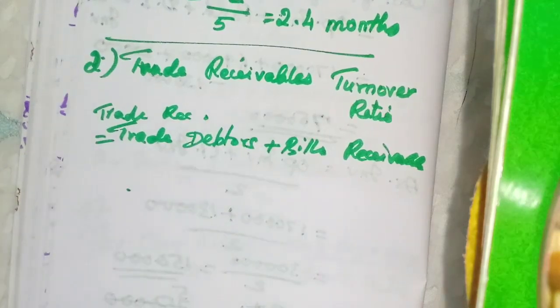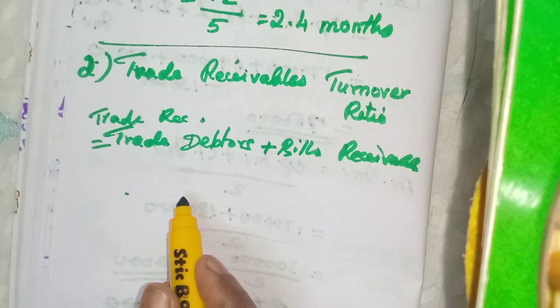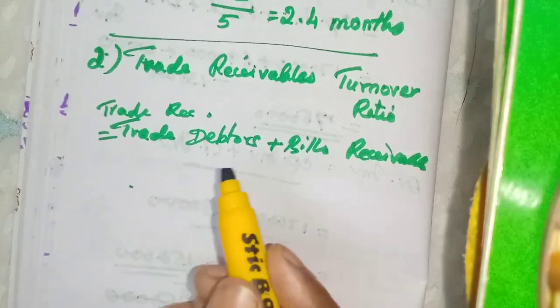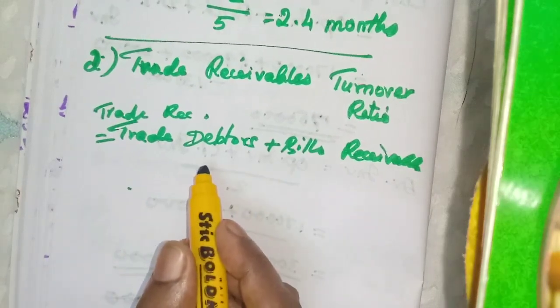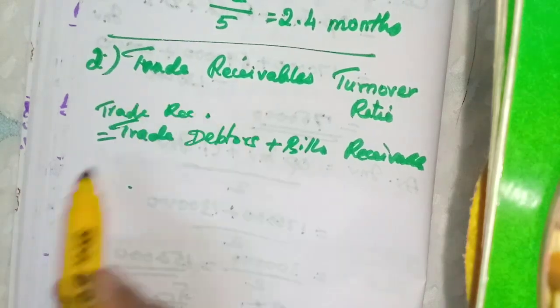Here, trade receivable means we are going to collect the amount from the debtors, isn't it? So we are comparing the credit revenue from operation, that means the credit sales, with the average trade receivables.